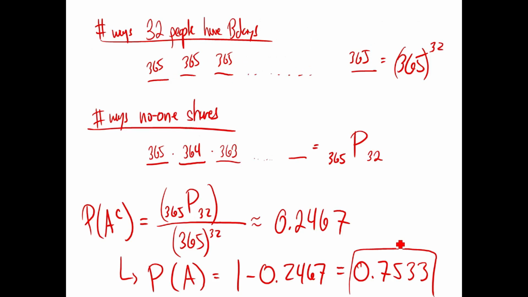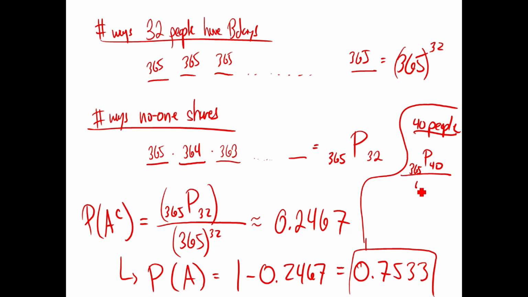Think about if you are somewhere that has, say, 40 people. The odds go up really fast, because the odds of not sharing a birthday are 365 permute 40 over 365 to the 40th.